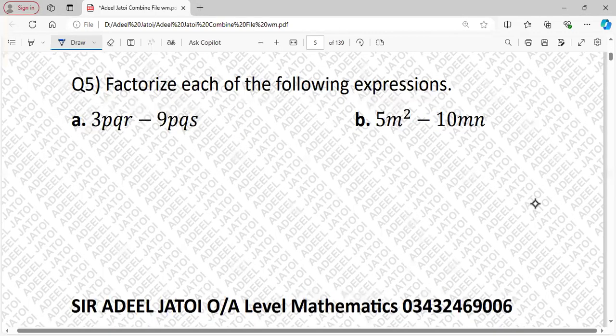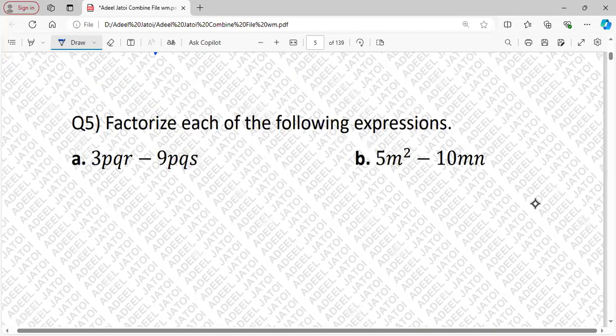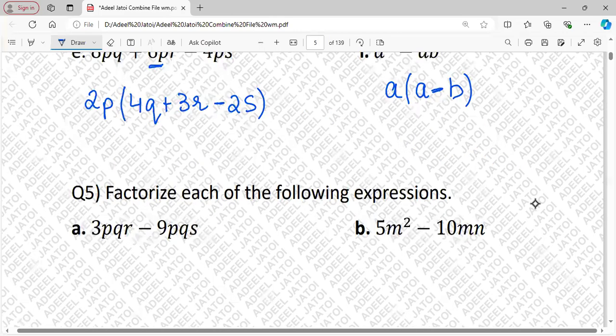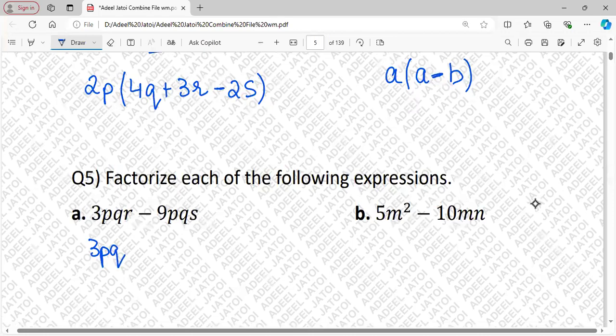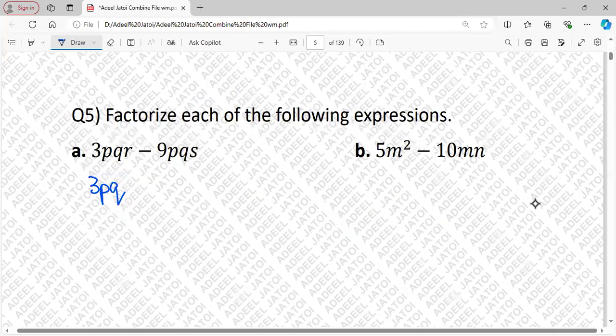So this is 3PQR minus 9PQS. So let's take 3P as common and Q will be common as well. Right? Why? Because 3PQ can be seen in both. So your R is the leftover variable, minus 9 divided by 3 is 3. And we are left with S.